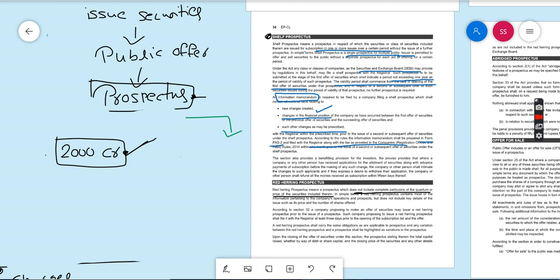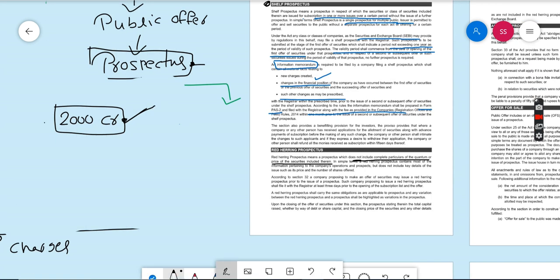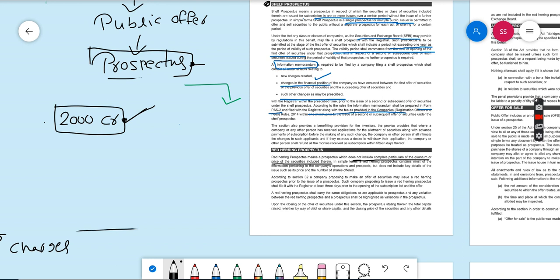So it does not contain the complete information. Why do they do that? Let's just say the company is not sure what its potential is. Let's say ABC Limited wants 2000 crores, but it is not sure what price it has to keep.